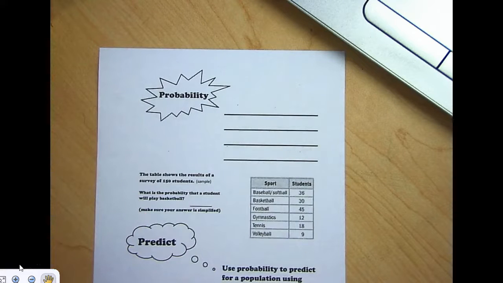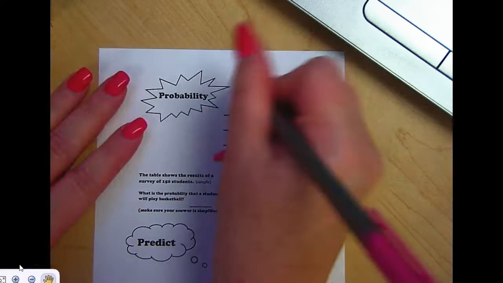Up here, probability. Let's write the definition of probability. That is the chance that some event will happen. Is it a good probability or a bad probability? Well, we'll have to find out. But probability is the chance that some event will happen.